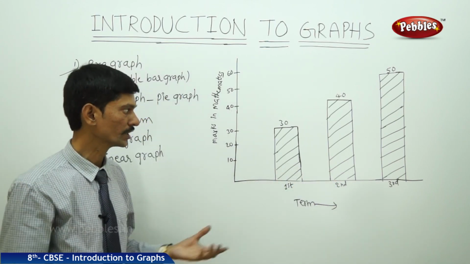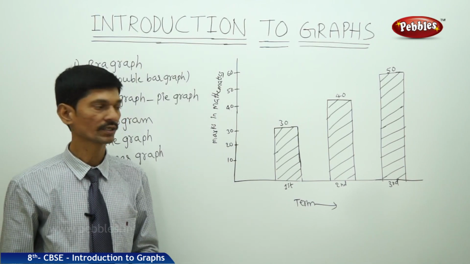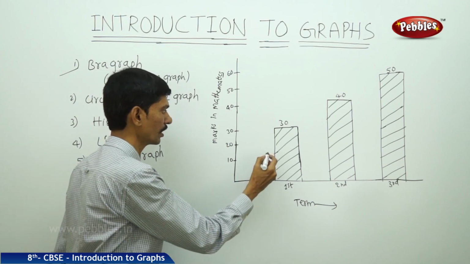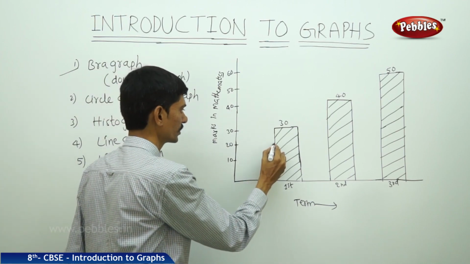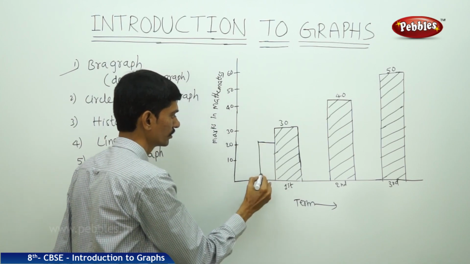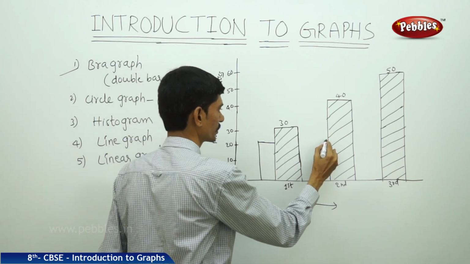Now if you want to show the comparison between two subjects like mathematics as well as science, here we have to draw another graph to represent the science marks. So that is an unshaded rectangle.